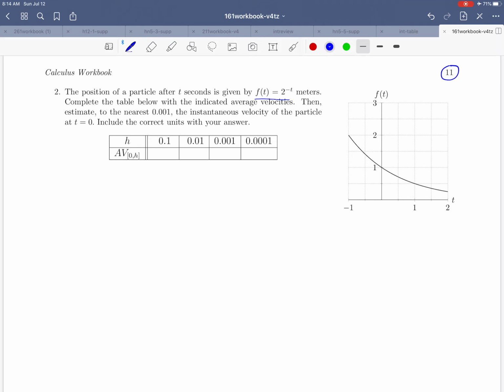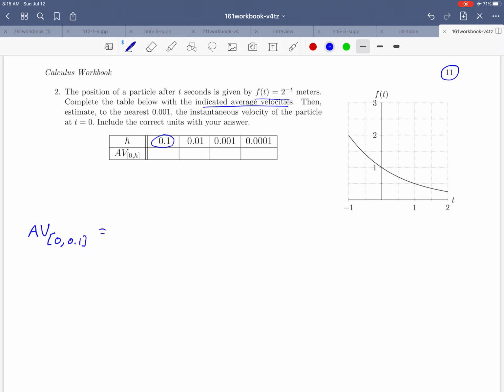Okay, so let's start with the average velocities. There are 4 of them that we're being asked to calculate, and we'll start with the average velocity involved with a value of h of 0.1. How would we do that? Well, first we have some notation for the average velocity that looks like this. So we want the average velocity over the interval from 0 to h, which would be 0 to 0.1.